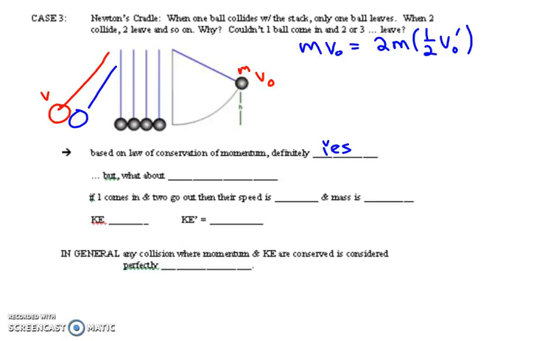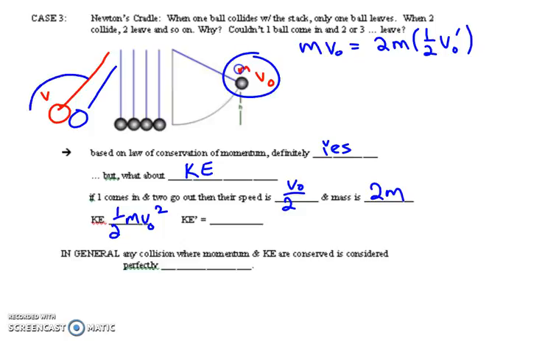But what about kinetic energy? What would be true of that? If 1 comes in and 2 go out, their speed would have to be the initial speed divided by 2 for reasons I just talked about, and the mass, of course, would be twice the mass. So let's look at kinetic energy here. Our kinetic energy to begin with is 1/2 m v0 squared, for this situation right there.